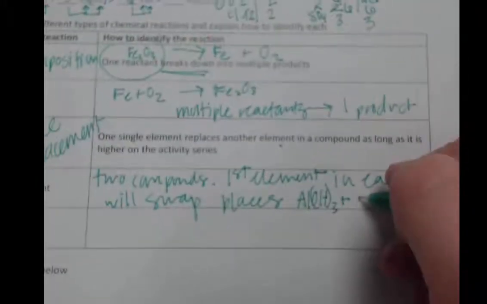Okay, so an example of that would be like if I had aluminum hydroxide, that's one compound, and let's say it's reacting with barium chloride. This is another second compound. The first elements will always switch. So Ba is going to be with OH, and then aluminum is going to be with chlorine. I just ran out of room, but anyway.